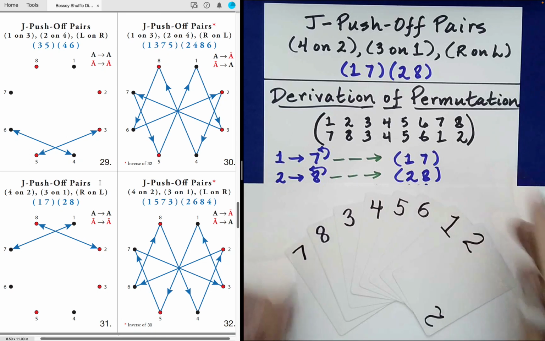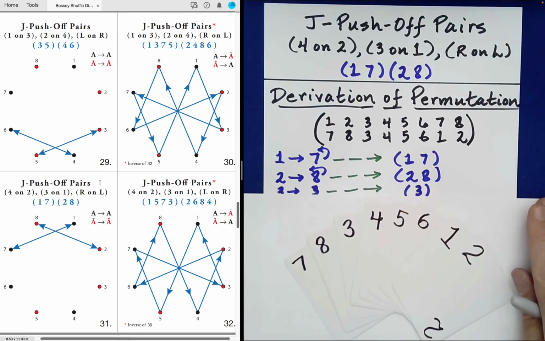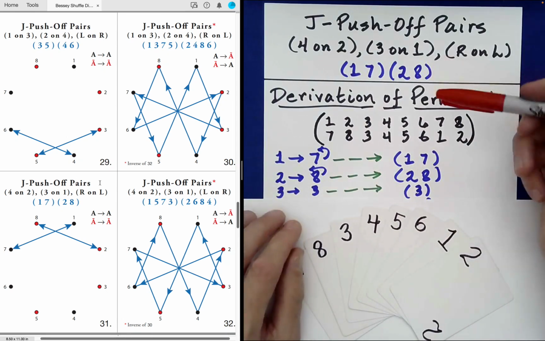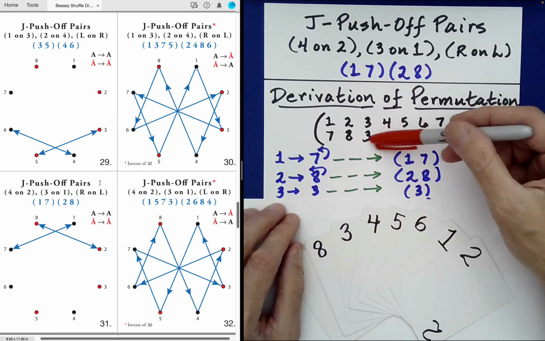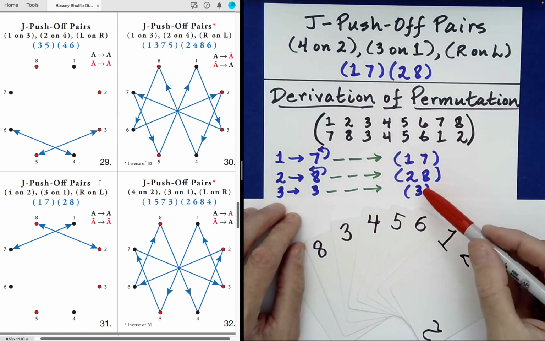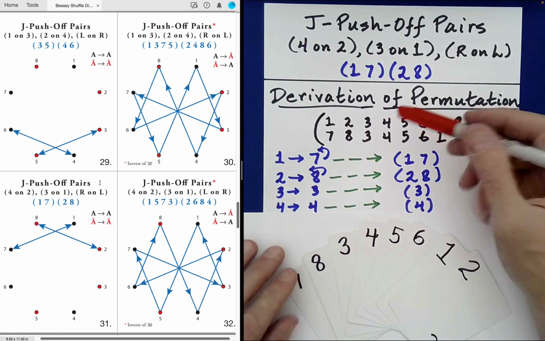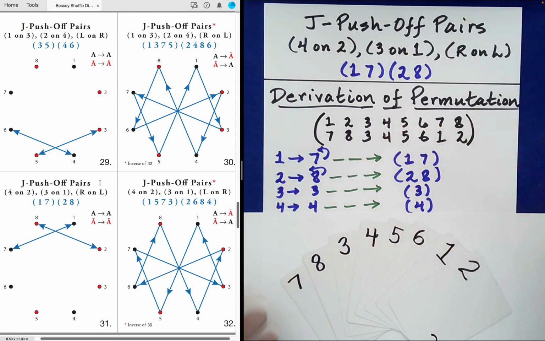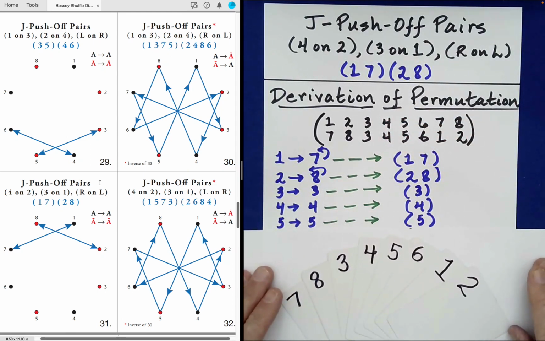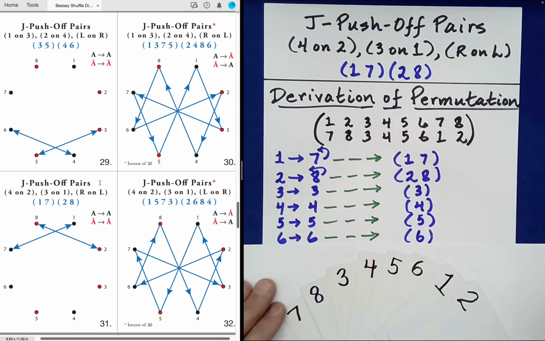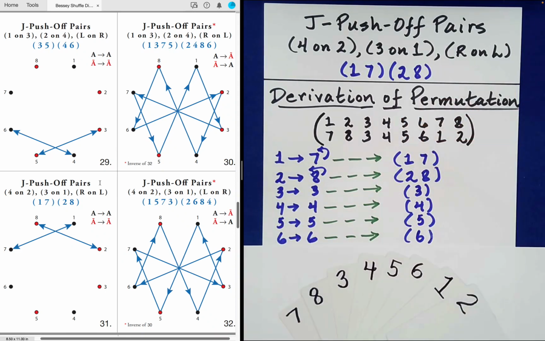So we get a second transposition, or two-cycle. Now, 3 gets sent to 3, so we have a fixed point. This is also called a one-cycle. 4 goes to 4, it's also a fixed point then. 5 as well, and 6 as well. So that accounts for all 8 digits.